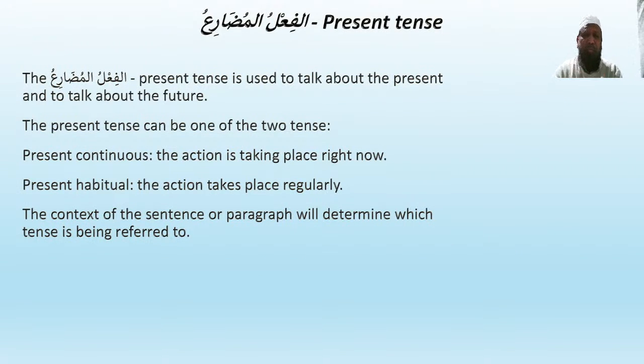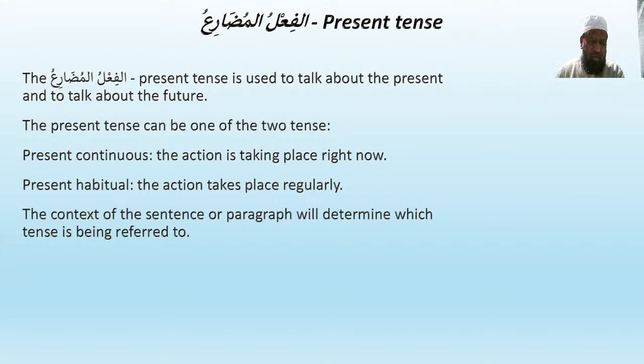So let's move on. We are learning al-fi'l al-mudari. What is fi'l al-mudari? It is the present tense. Present tense is used to talk about the present and the future. The present tense can be one of two tenses, present continuous and present habitual. Which meaning to take, we know from the sentence or from the paragraph.